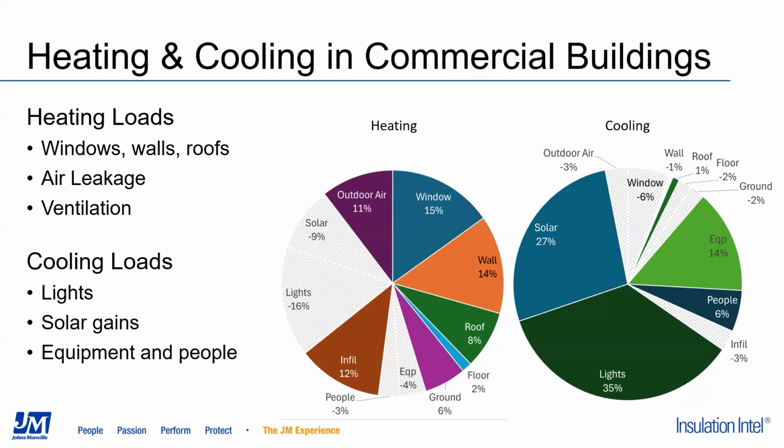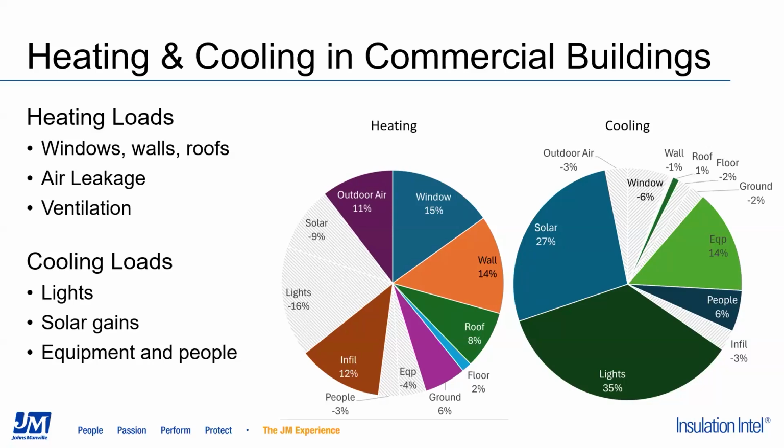So, just looking first at all commercial buildings lumped together, we see that the drivers for heating and cooling loads end up being similar to what we saw for houses, even though we've got these core elements. If we look first at heating, we've got windows, walls, roofs, and infiltration being that rust orange wedge, that's air leakage. Outdoor air, that's ventilation, so that's the 11%.